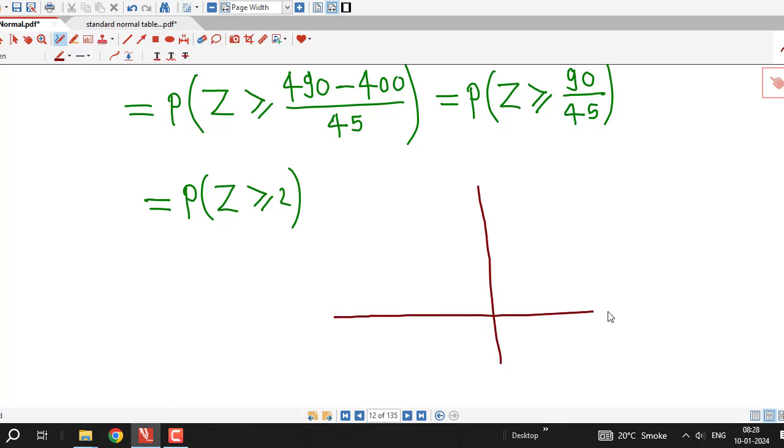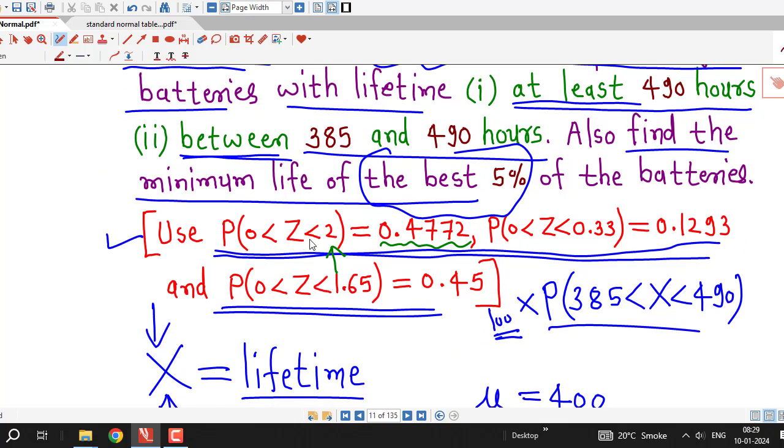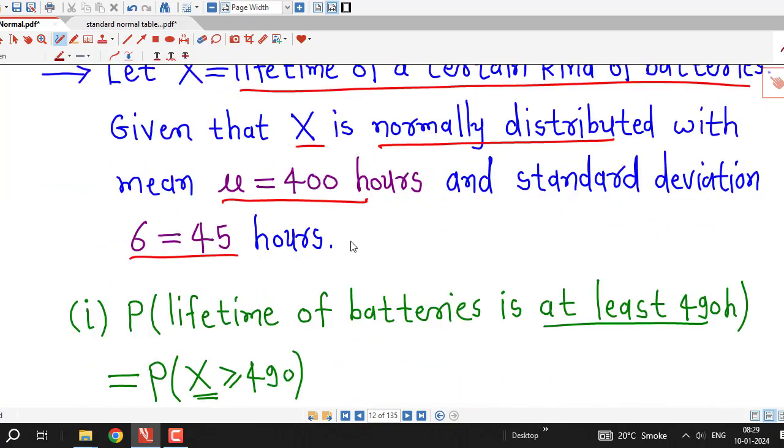Now we know that capital Z is a standard normal random variable and its graph is a symmetric bell-shaped curve. Suppose this is the rough sketch of this standard normal curve. Here we write down the values of capital Z. Suppose this is 2 and this is 0, and we are given the value of this area in the table: the probability that capital Z lies between 0 and 2 is 0.4772.